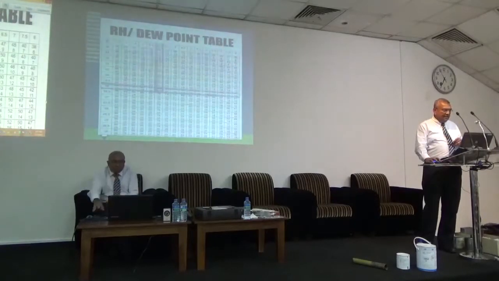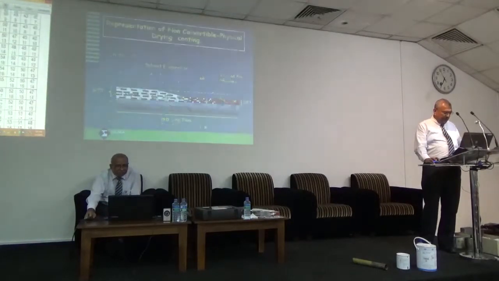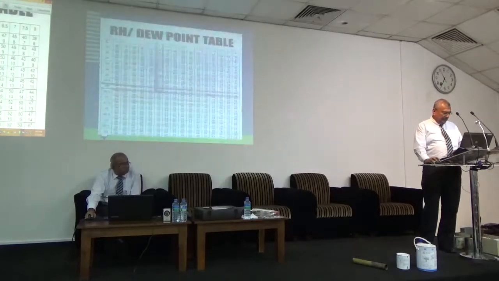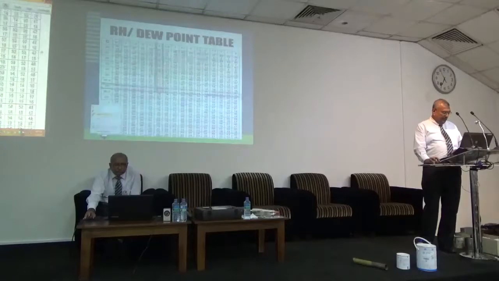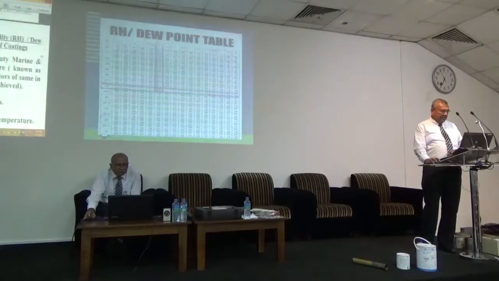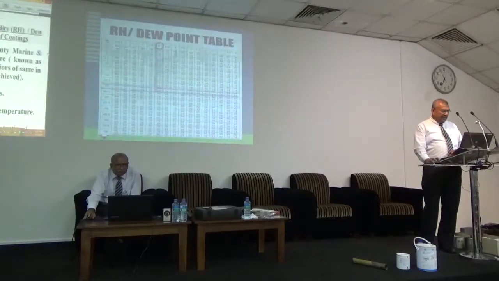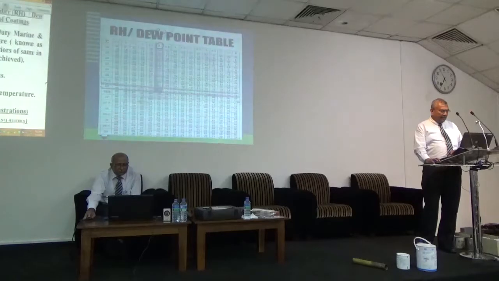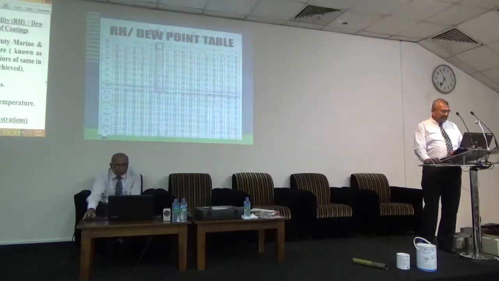So here we have 3 degrees of difference because your dry bulb was 28 degrees and the wet bulb was say 23 degrees.